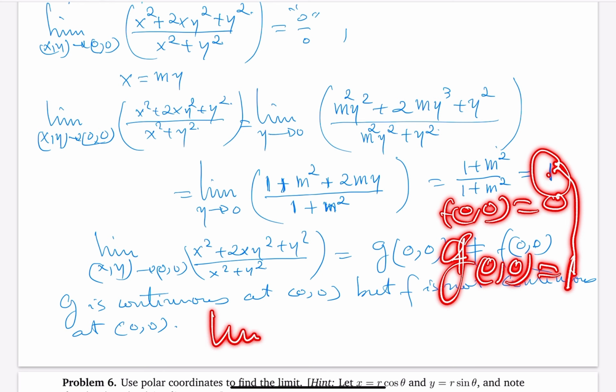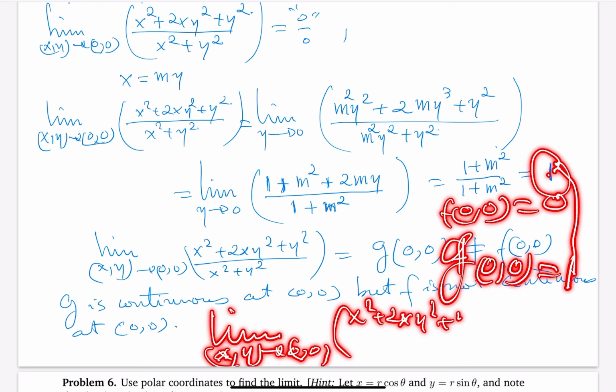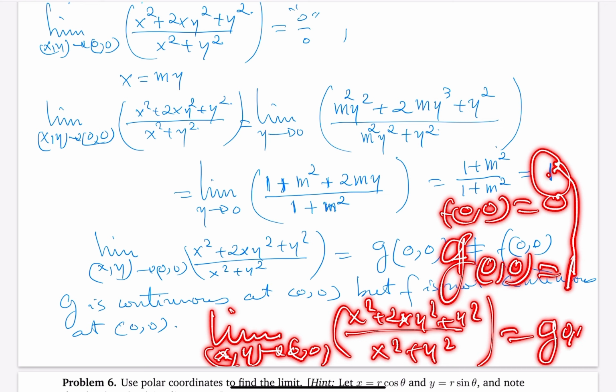Then since we have 1 here, we can tell the limit as (x,y) approaches (0,0) of that function, (x squared plus 2xy squared plus y squared) divided by (x squared plus y squared), equals g(0,0).